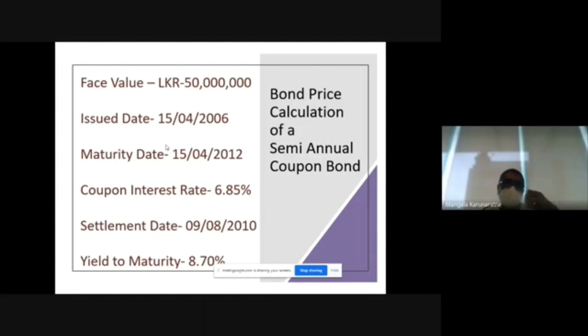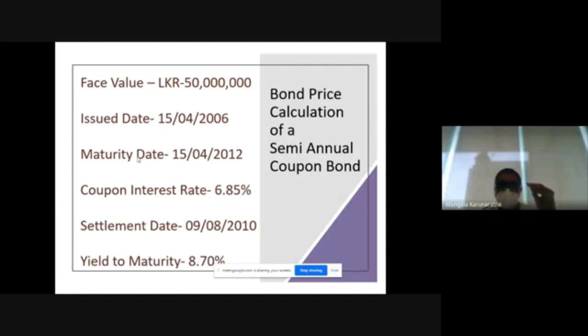Then the next one was 15/4/2007. So the coupons are on 15/4 and 15/10, that is 15th of April and 15th of October, starting from 15/10/2006, just after 6 months from the issue date.